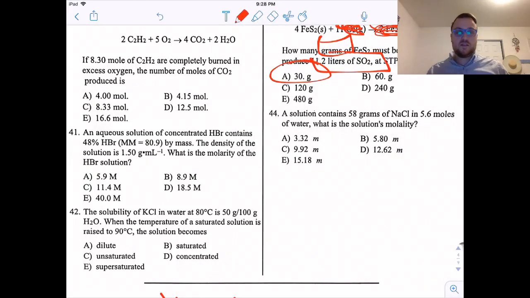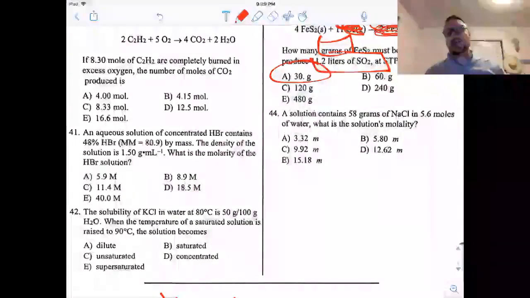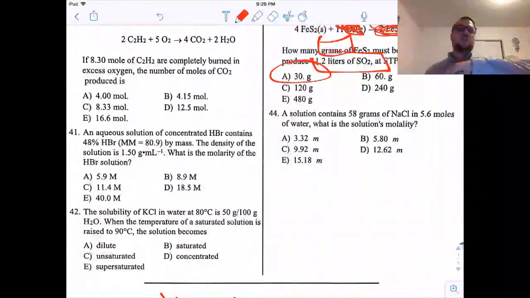Treat them as like 3 separate problems. A lot of you, if I said convert liters to moles, you're like, got it. If I said convert moles to grams, got it. So take this stoic problem, take this complicated problem, and just treat it one step at a time. Problem 1, get moles.